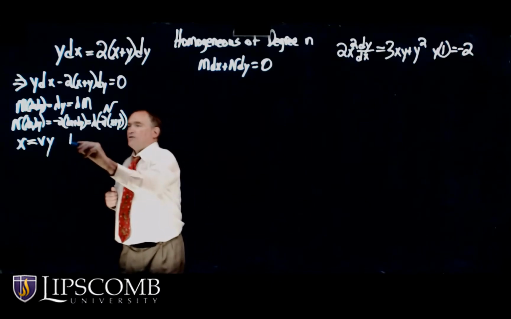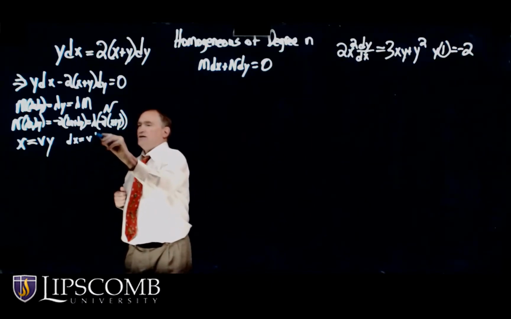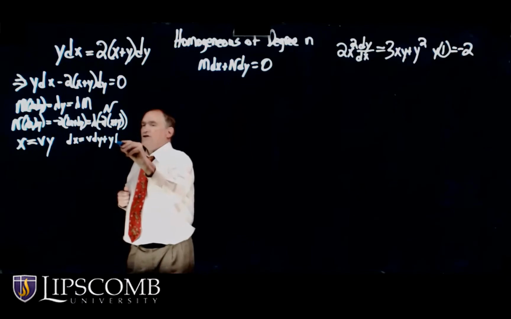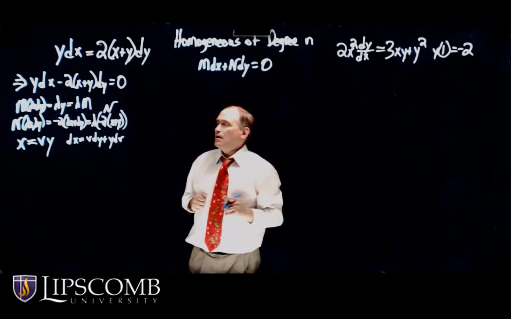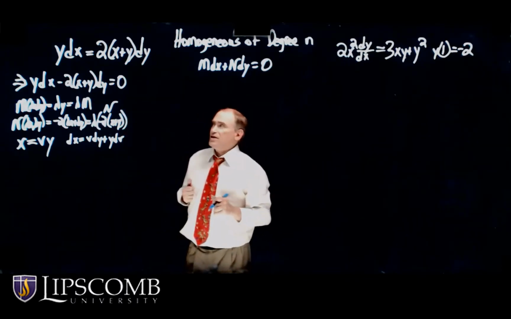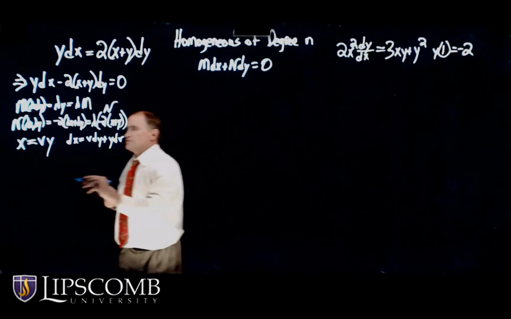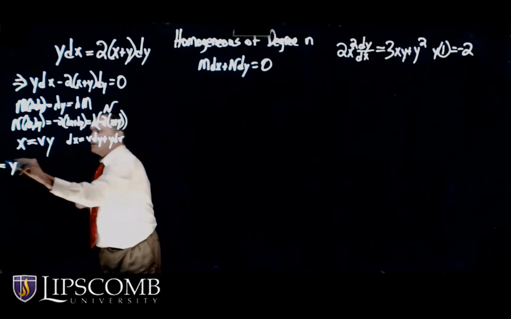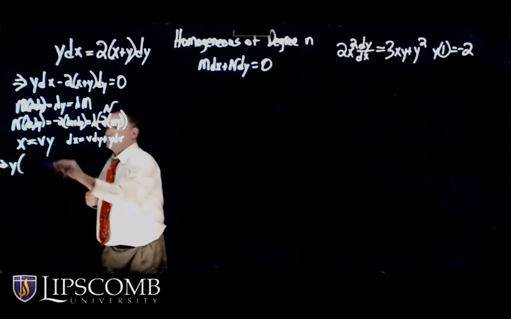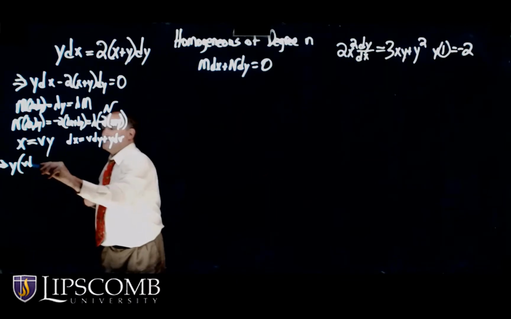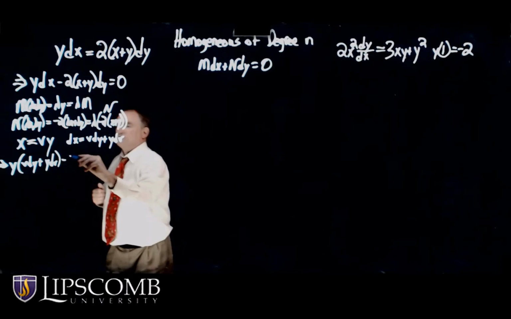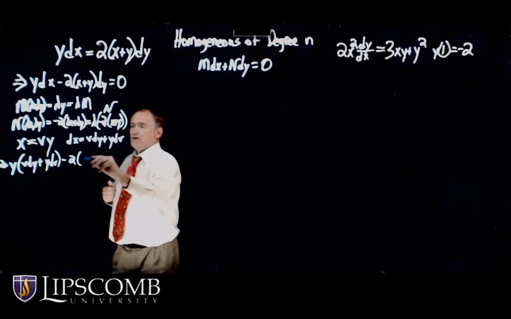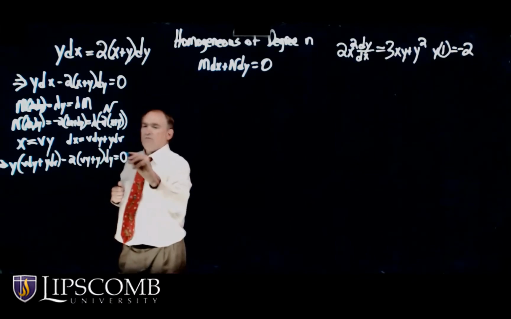So dx is equal to v dy plus y dv. Again, all I did was use the product rule. So now let's substitute these into my original differential equation. So this would be y times dx, which is v dy plus y dv, minus 2 times x, which is vy, plus y dy equal to 0.